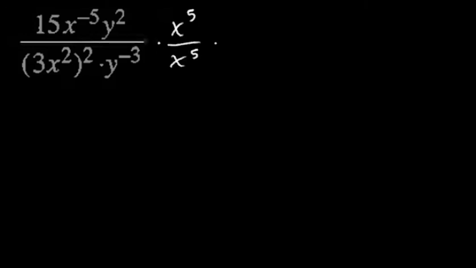And if I wanted to get rid of the y to the negative 3rd that I see in the denominator, I can multiply both the numerator and the denominator by y to the 3rd power. And again, my motivation here is that by picking x to the 5th, we'll neutralize this. And multiplying by a giant one in the form of y cubed over y cubed will neutralize this negative exponent.